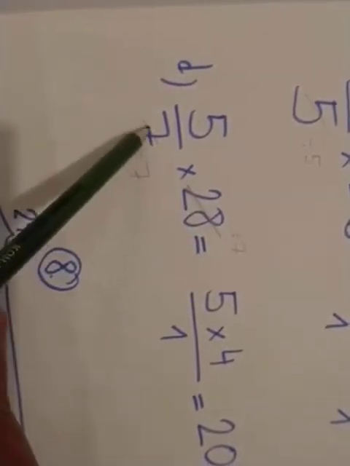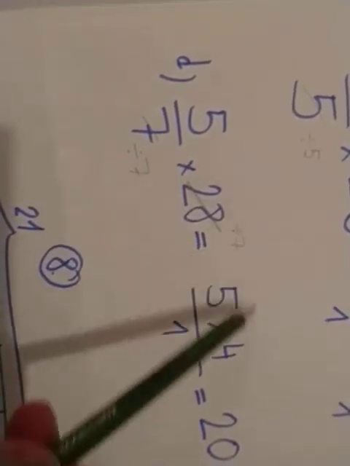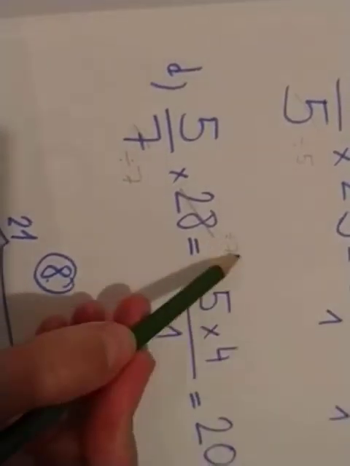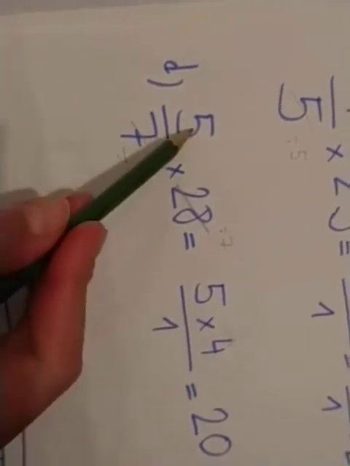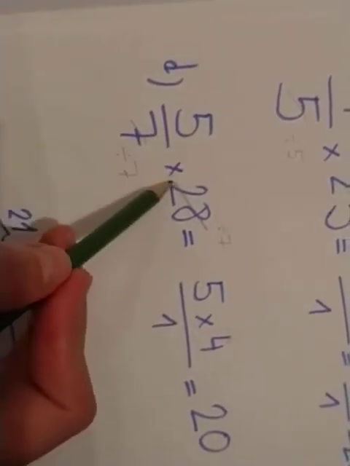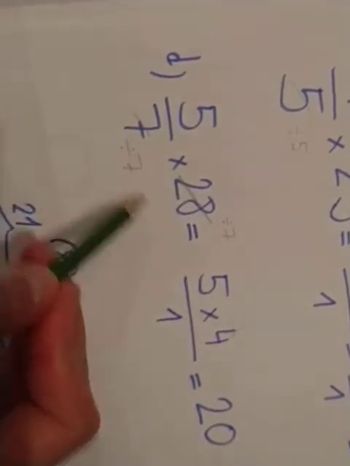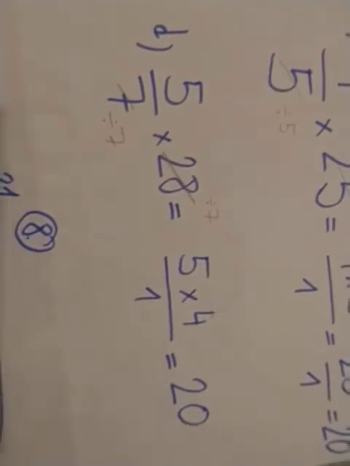Both numbers I can divide by 7. 28 divided by 7 is 4. That's why we have 4 here, yes? And this 5 is from here. So I do 5 times 4, and 7 divided by 7 is 1. 5 times 4 ones is 20.